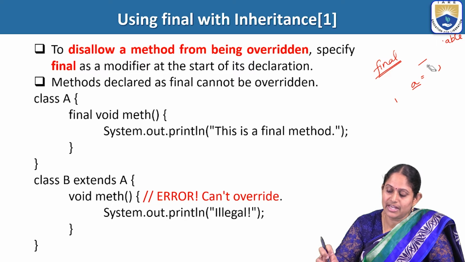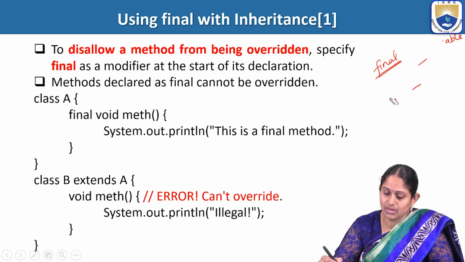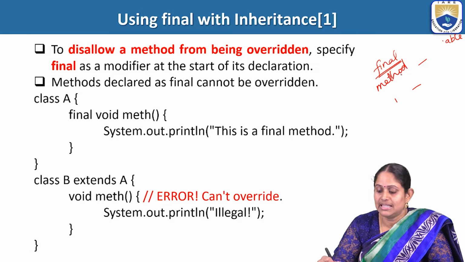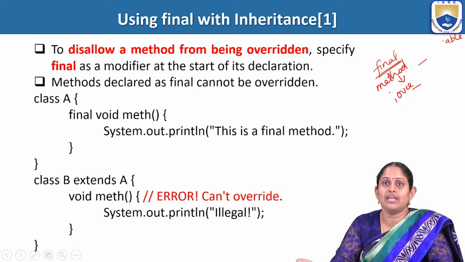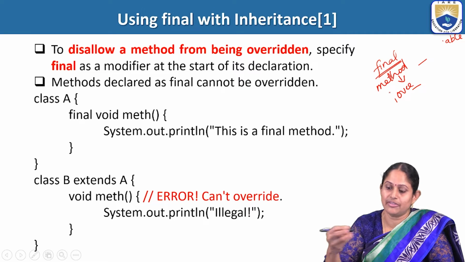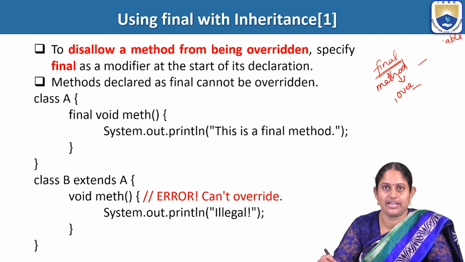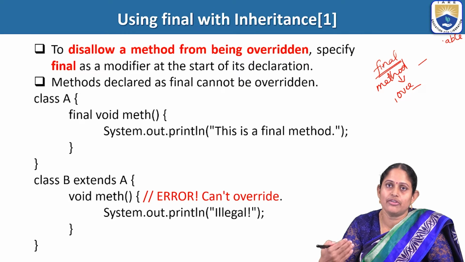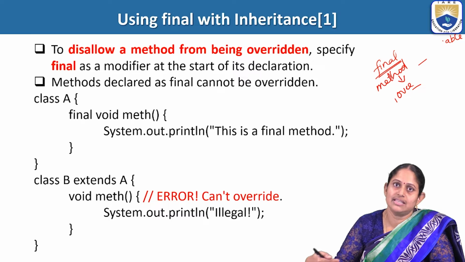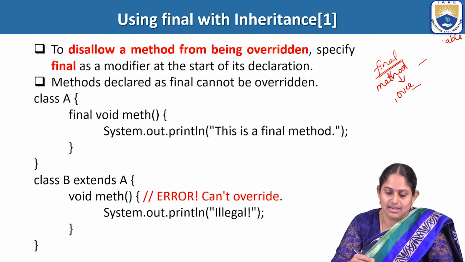Now, if we apply it over any method, then that method cannot be overridden. That means if any method is declared as final, then the implementation of that method cannot be changed in the lower classes, in the child classes. So that is another use.